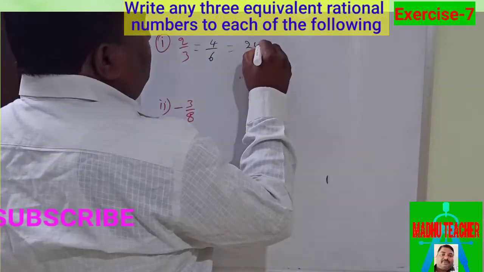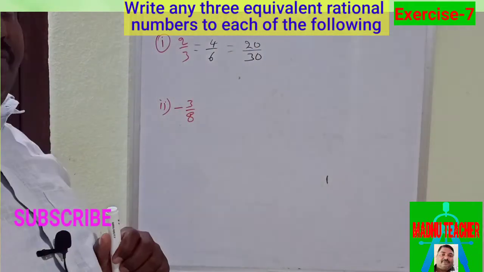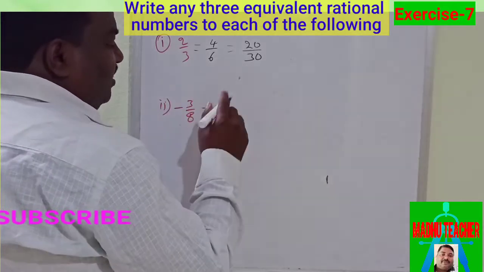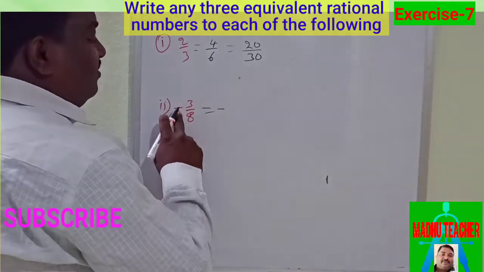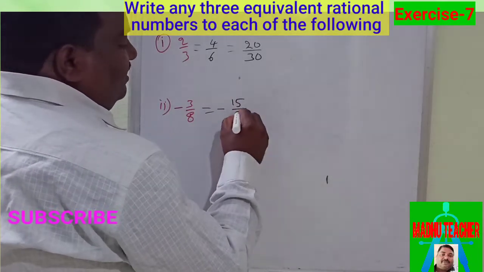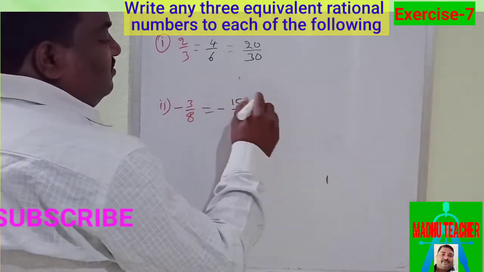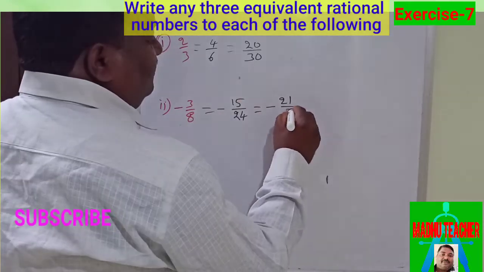2 10s are 20, 3 10s are 30. Okay, so here, multiplying with 5, minus, don't change the sign, 3 5s are 15, by 8 3s are 24. Some, 7 3s are 21, 8 7s are 56.